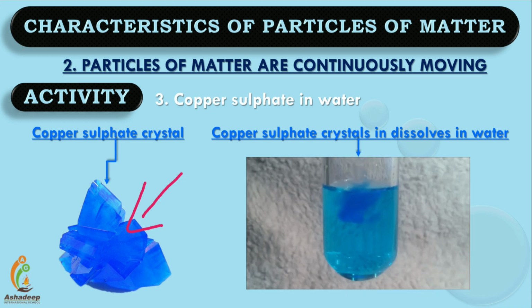You can see that when you add the crystal, it is coloring the water, it dissolves in water. It will take a little time to give color to the water, and this activity again shows that the particles of matter are continuously moving.